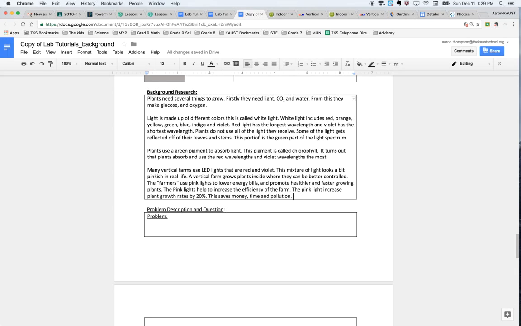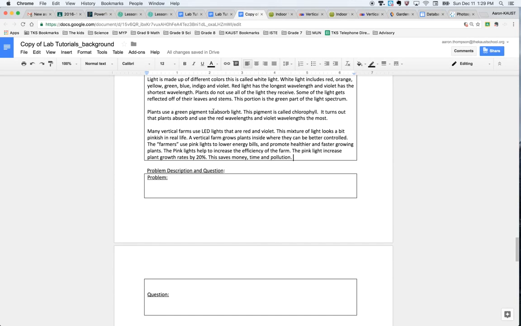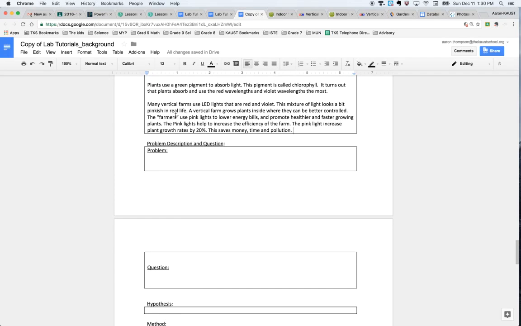Plants do not use all of the light they receive. Some of the light gets reflected off of their leaves and stems. This portion is the green part of the light spectrum. Plants use a green pigment to absorb light. This pigment is called chlorophyll. It turns out that plants absorb and use the red wavelengths and the violet wavelengths the most. Many vertical farms use LED lights that are red and violet.